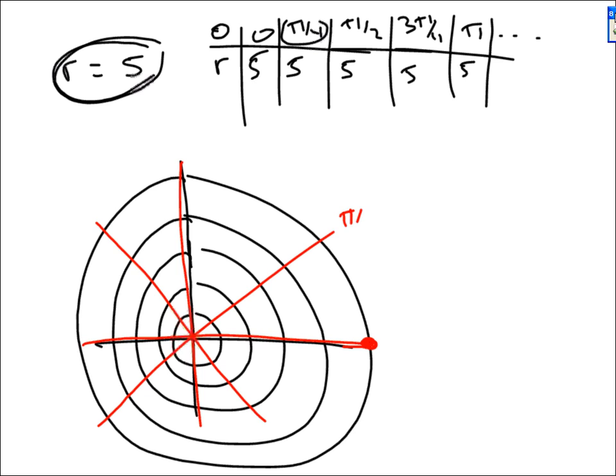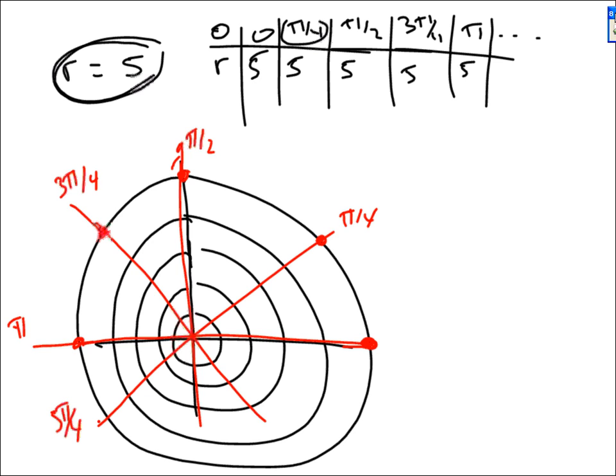When the angle is pi over 4, you go out 5. When the angle is pi over 2, you go out 5. When it's 3 pi over 4, you go out 5. When the angle is 4 pi over 4, you go out 5.